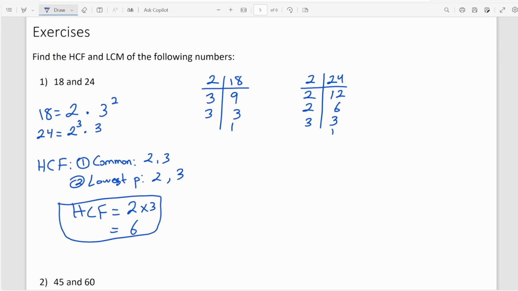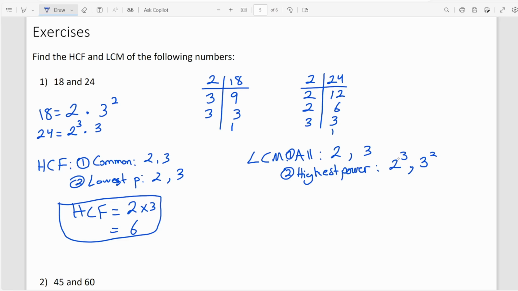Now for the LCM, we select all. So all of them would be 2 and 3 as well. Secondly, we select the highest. Let me fix this. The highest power, which in this case would be 2 to the power of 3, 3 to the power of 2.